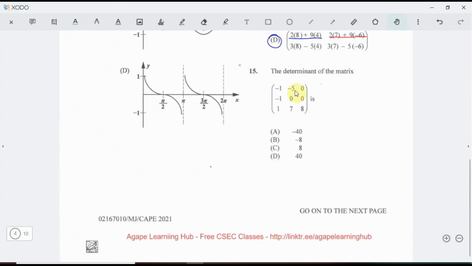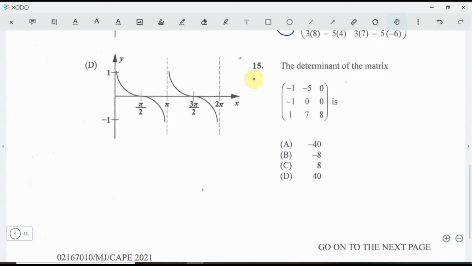Question 15 says the determinant of the matrix. So let's go ahead and find the determinant. To find the determinant of this matrix, we need to decide which row or which column to use. I like to use the first row.